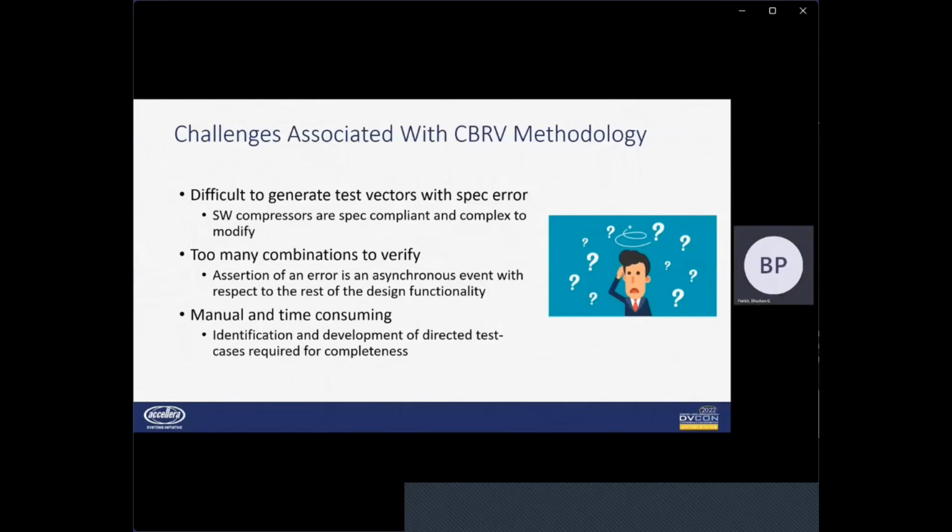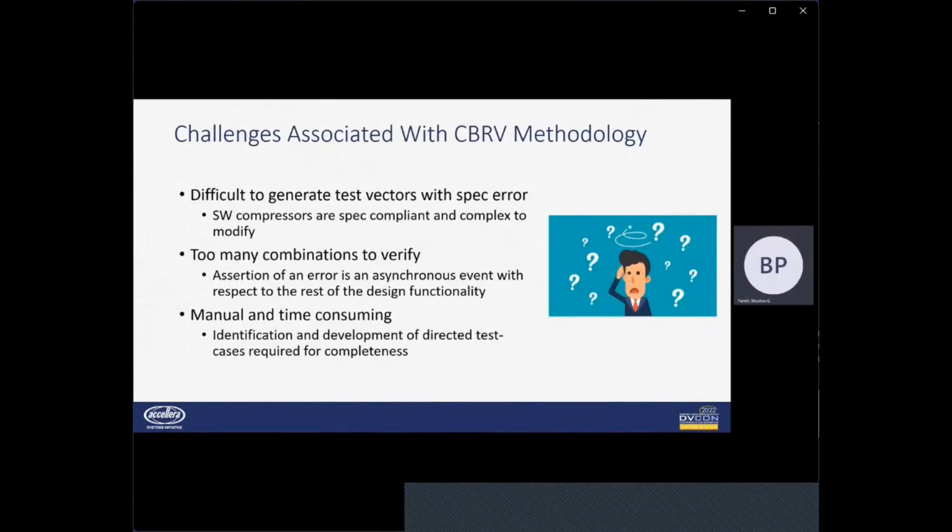Also, the assertion of an error is an asynchronous event with respect to the rest of the functionality. Due to this, the number of test cases can grow exponentially. Lastly, the CBRV process is more manual and time-consuming, as the verification engineer must identify each case and develop targeted test cases.